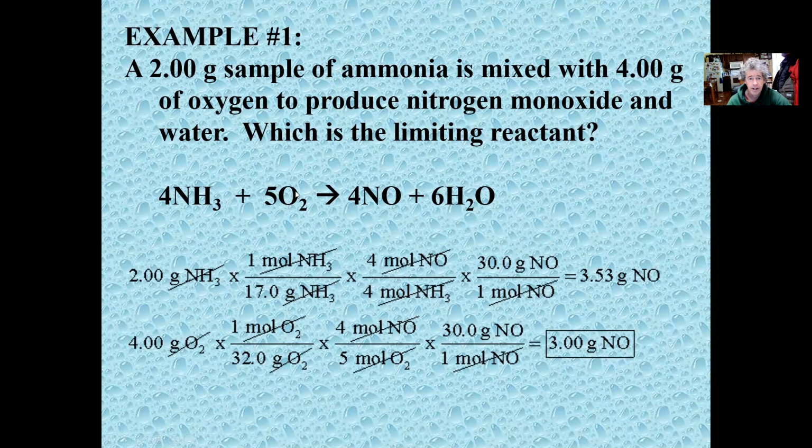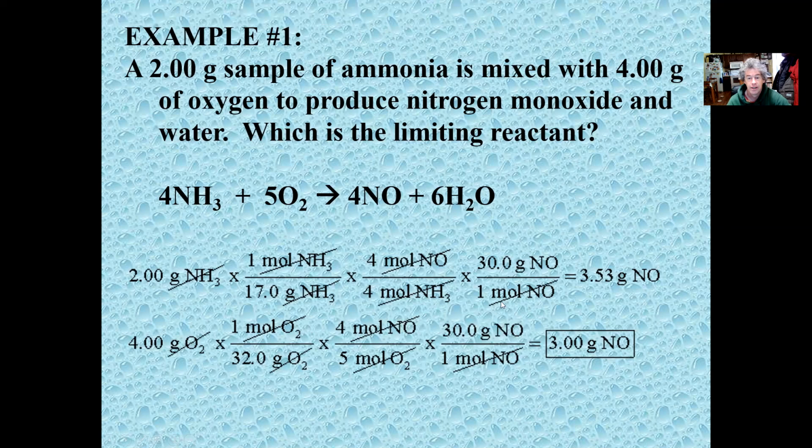But we also have another ingredient, which is oxygen. And here, if we start with our 4 grams of oxygen, then 1 mole of oxygen, and this is oxygen gas, not just the element oxygen, so it has a mass of 32 grams of O2. And then here, notice the mole ratio is, again, our want 4 over our have 5. So 4 moles of NO divided by 5 moles of O2. And then, once you get to NO, use the molecular mass of NO per mole to then get to grams of your want quantity.